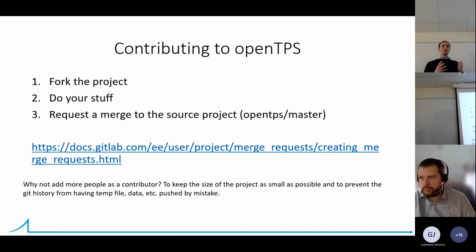It's extremely complex to clean a Git history, because Git is really not made to be cleaned. It's made to keep the history of everything. It's a very complex task, so we really don't want to do this. And so forking the project is a very clean and very safe way to work.